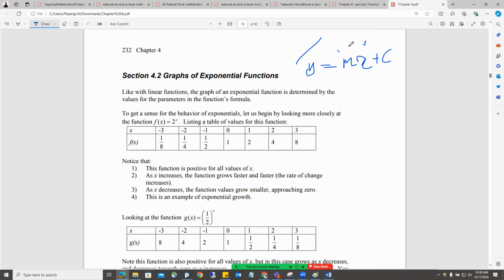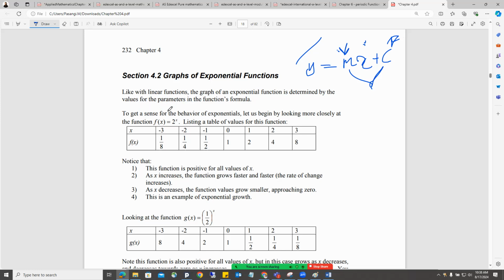We can describe the entire line by using the gradient as well as the intercept.